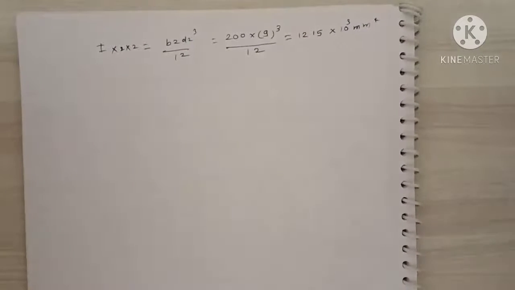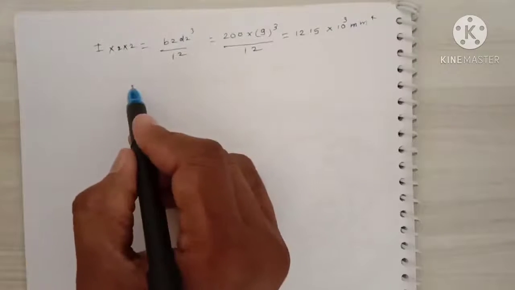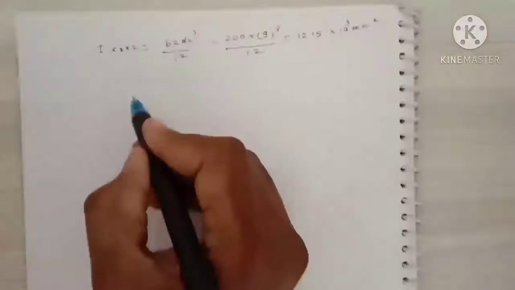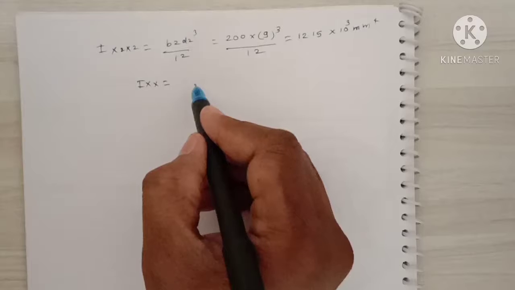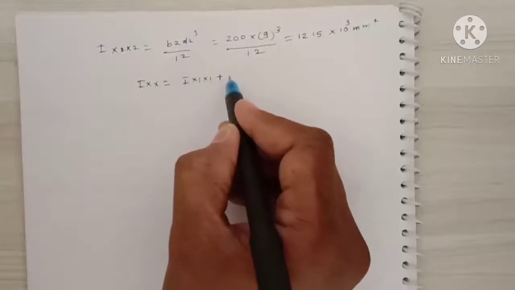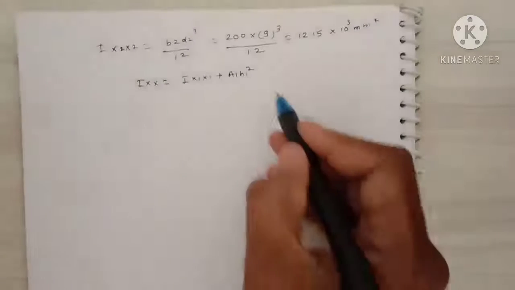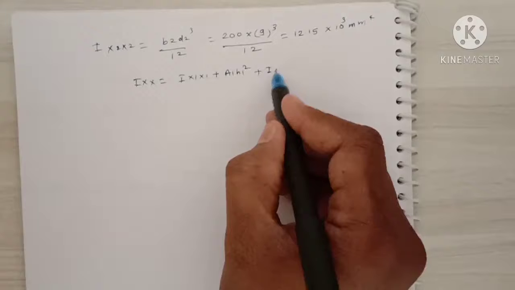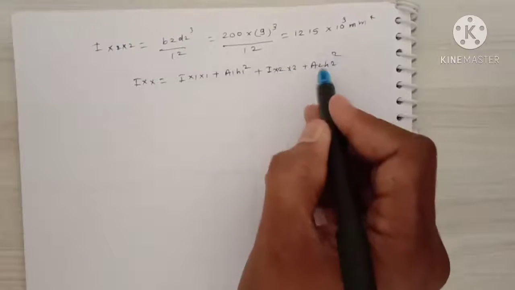Then once we calculate the value of Ix2x2, we put those values in the above equation, that is Ixx is equal to Ix1x1 plus A1 h1 square plus Ix2x2 plus A2 h2 square.